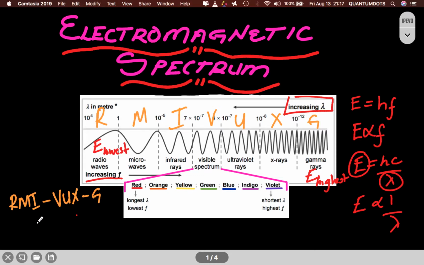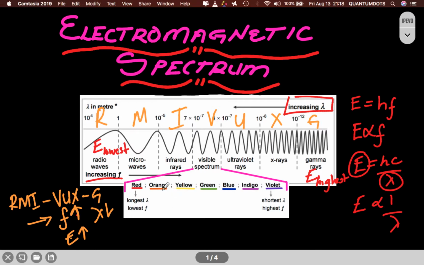And in this mnemonic device, that would mean that as we move from the left to the right, our frequency will be increasing. So in other words, as we move from left to right, the frequency increases and the wavelength decreases and the energy increases. So this is all you need to know about the electromagnetic spectrum.